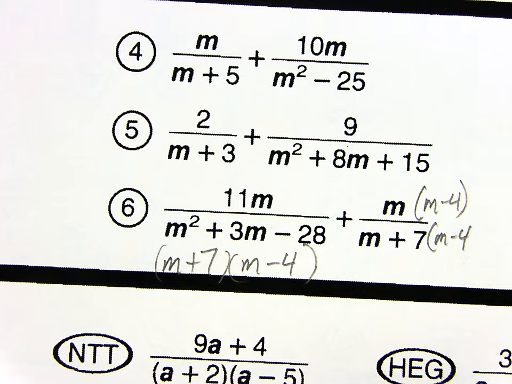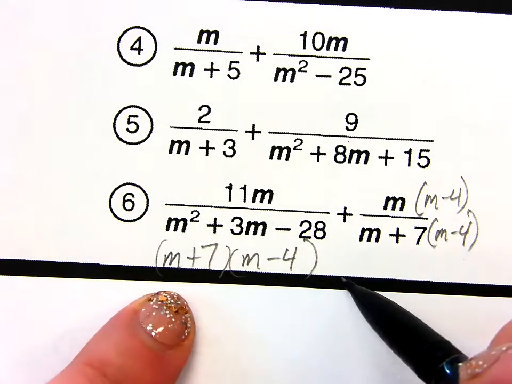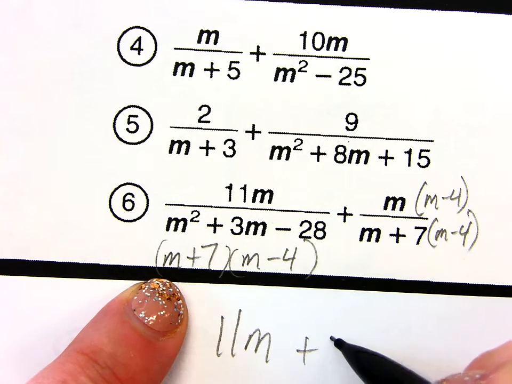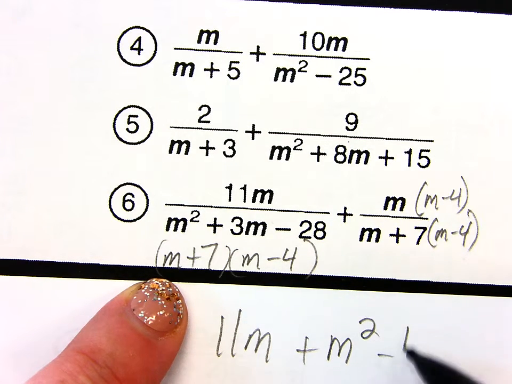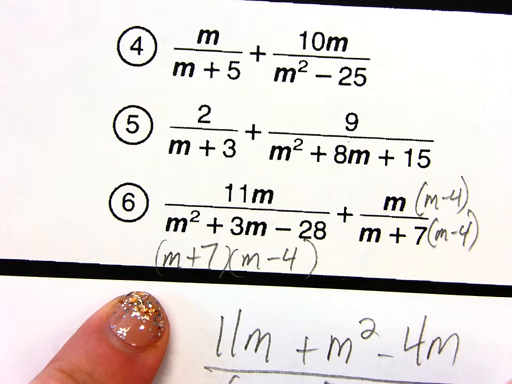Okay, so now I have the common denominator, so I'll be doing 11m plus, don't forget to distribute here, m squared minus 4m, all over m plus 7, m minus 4.